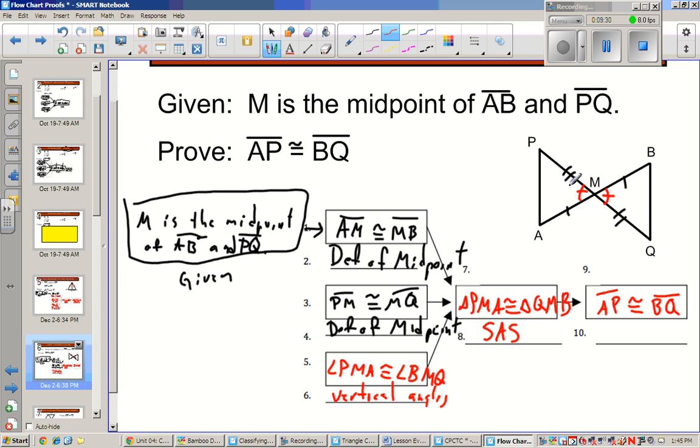Yep. And that's by corresponding parts of congruent triangles are congruent.